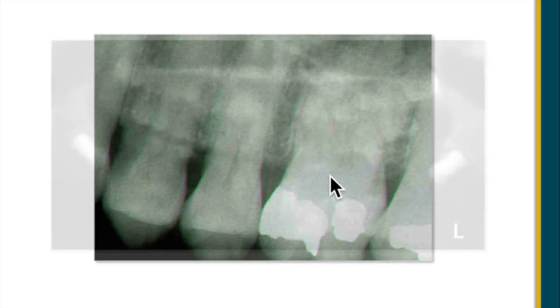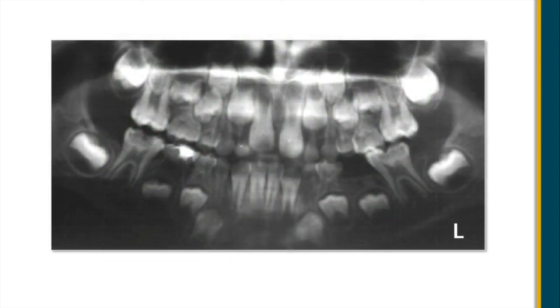You can see how tooth number 30, large cavity, getting close to the nerve. Number 19, cavity, close to the nerve. Missing the deciduous tooth here long before the permanent tooth is coming up.